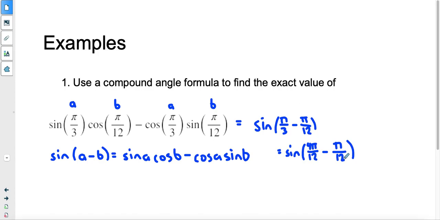And now, 4 pi over 12 minus pi over 12 is just 3 pi over 12. And 3 pi over 12 we can simplify some more. 3 pi over 12 simplifies to pi over 4.